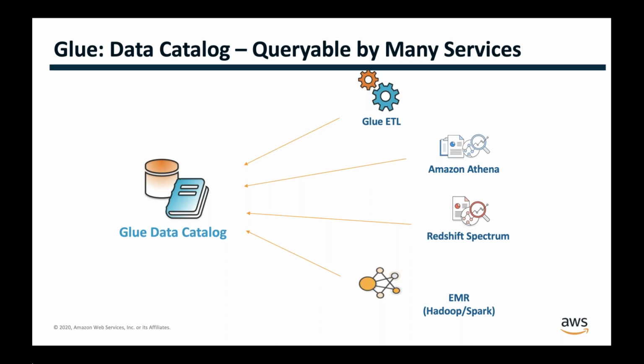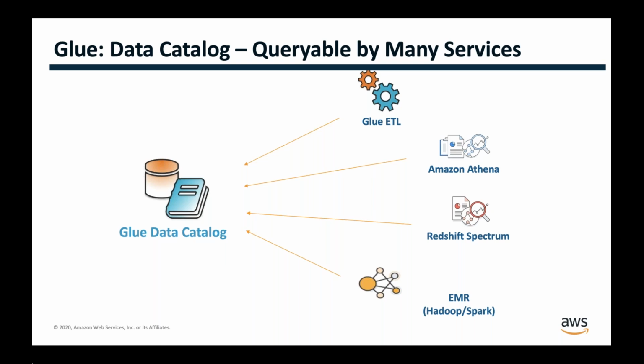And of course, one of the most powerful capabilities of this is the tie-ins, right? This Glue data catalog component will tie in really nicely to these other AWS analytics services. So Glue ETL, we're going to talk more about, just another component of Glue.